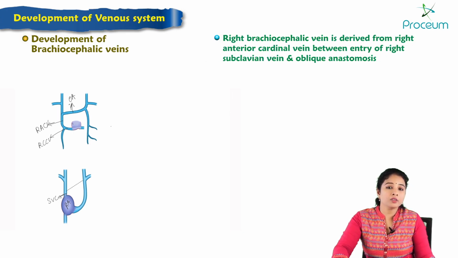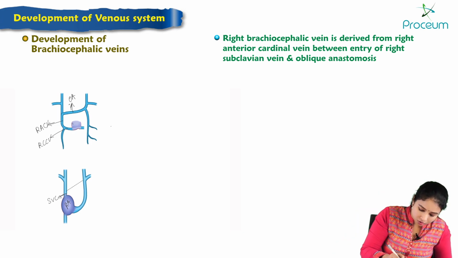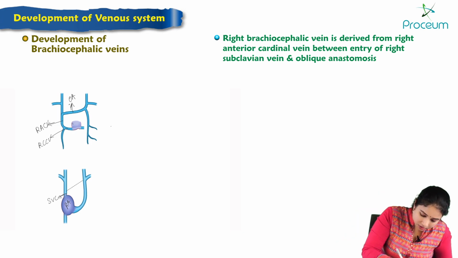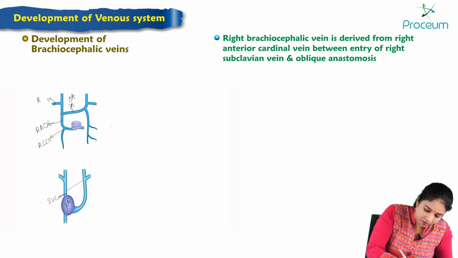So the right brachiocephalic vein is derived from the right anterior cardinal vein between the entry of the right subclavian vein and the oblique anastomosis. So this is the oblique anastomosis. This is the entry of the right subclavian vein. So from here to here is the right brachiocephalic vein.